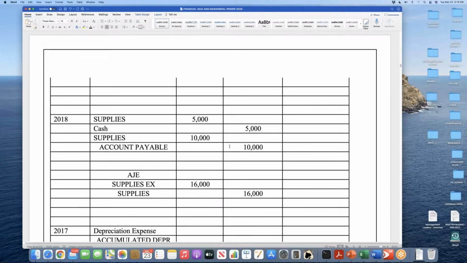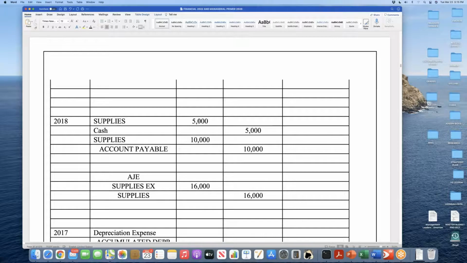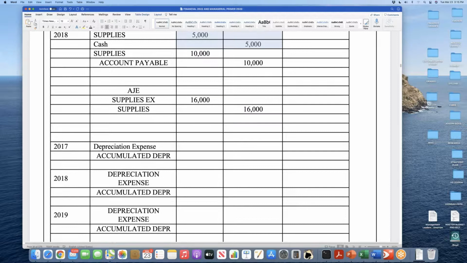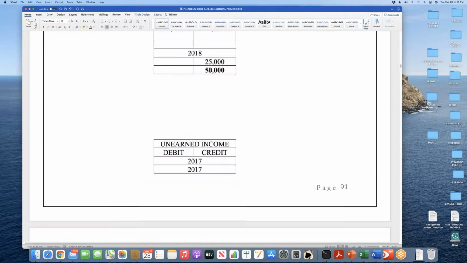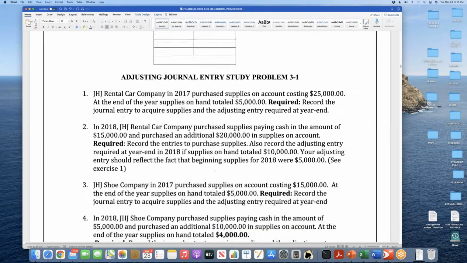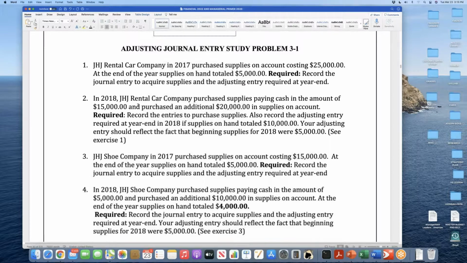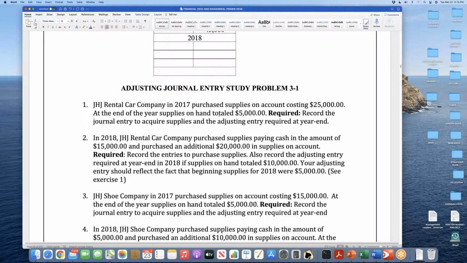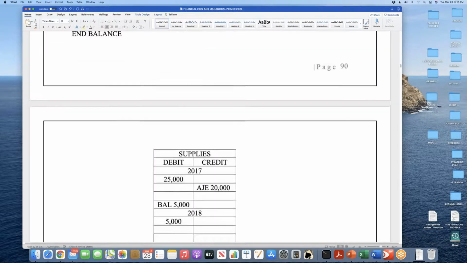So when we get to 2018, we debit the cash for how much? How much did we debit cash for? We debit the cash for 15, excuse me, credit the cash for 15. So 15 and 20 are our amounts.